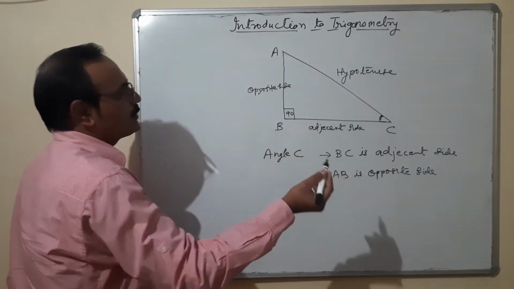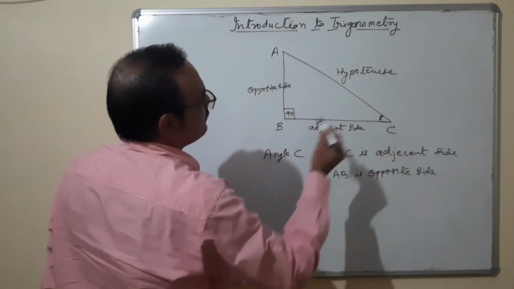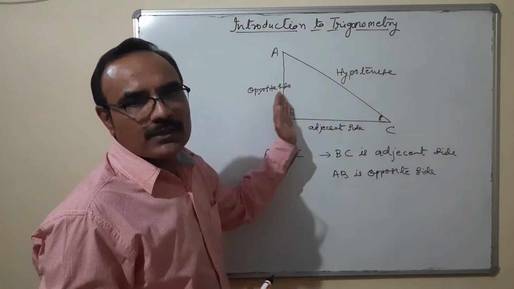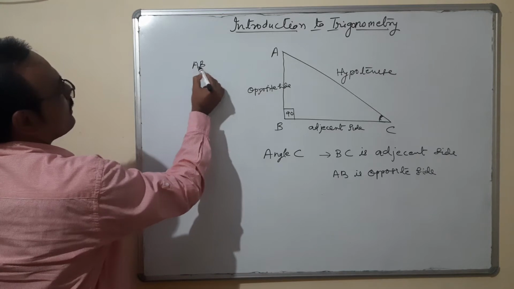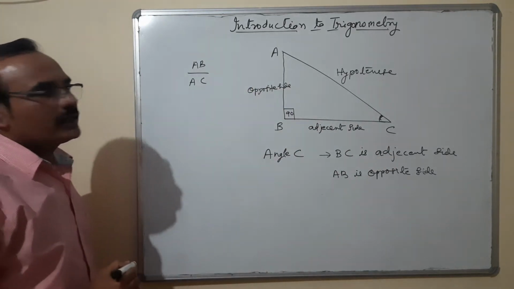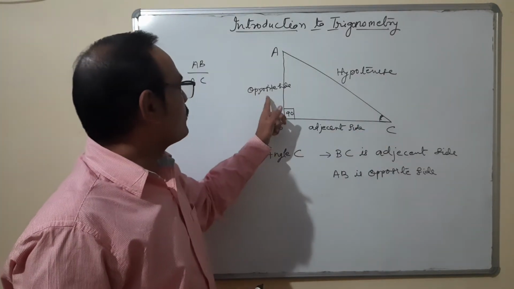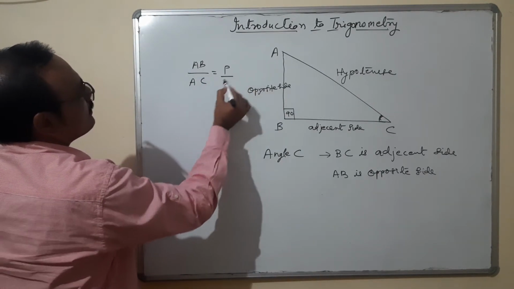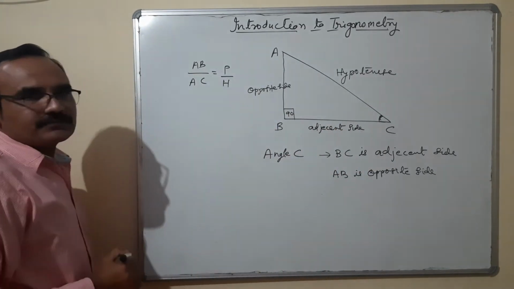Number 1: opposite side and hypotenuse, that means AB upon AC. That is one, opposite side upon hypotenuse. For angle C, the opposite side is considered as the perpendicular, upon AC, the hypotenuse.